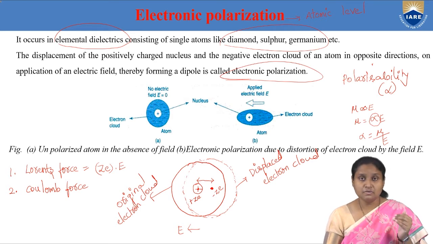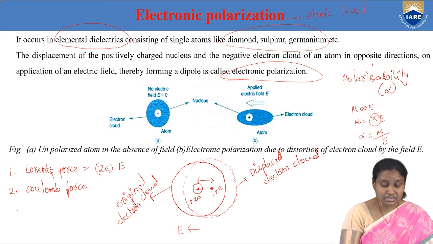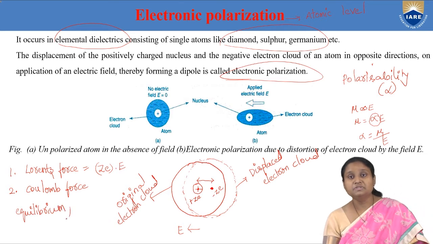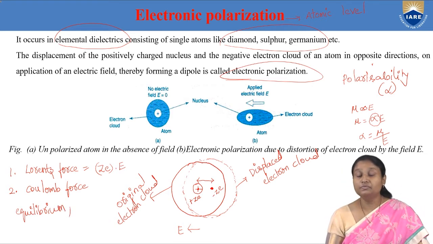So one force, the Lorentz force, is trying to separate these charges, whereas the Coulomb force is trying to bring them closer. And what we are going to observe here is that a stage is reached. That stage is called the equilibrium stage. At this equilibrium stage, the Lorentz force and Coulomb force balance each other. Then our electron cloud and nucleus come to a stable condition.